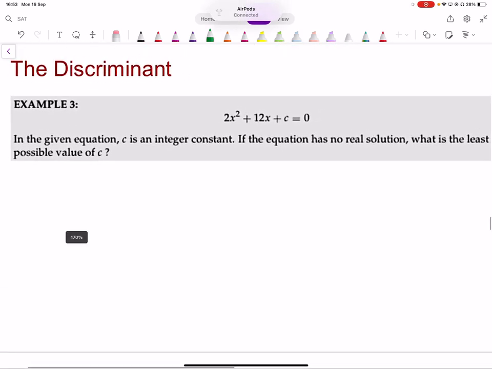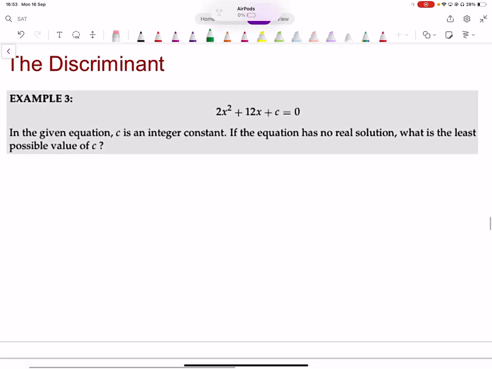Let's have a look at this example. Can all of you take 30 seconds and figure this out? In this equation, c is an integer constant. If the equation has no real solution, what's the least possible value of c?